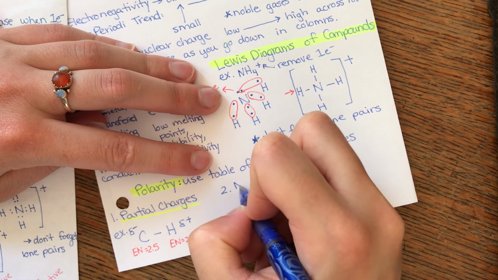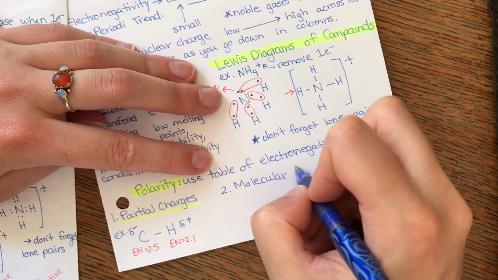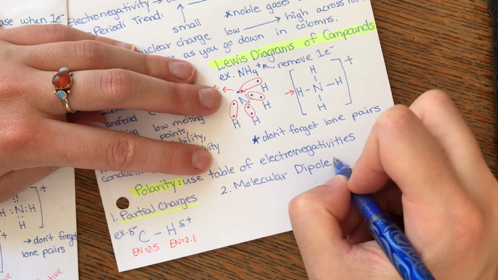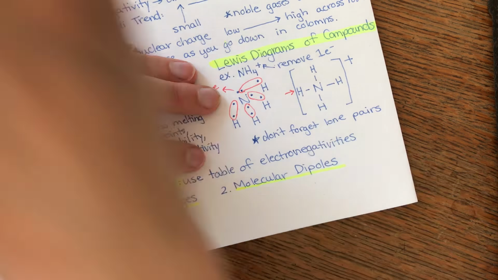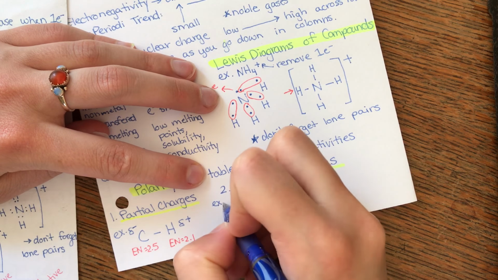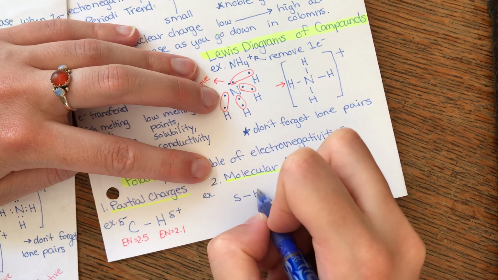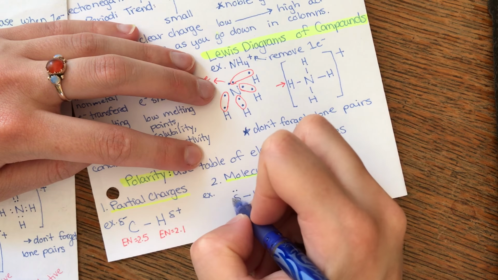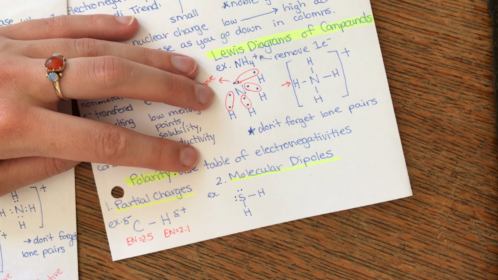And then we can show an overall molecular dipole, if there is one. So for example, if I look at H2S, so there's my compound, and I have 2 extra sets of lone pairs on the outside.